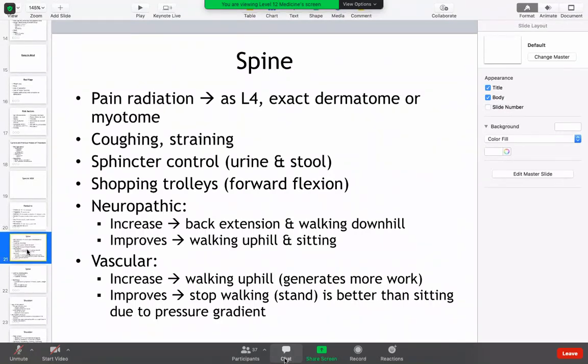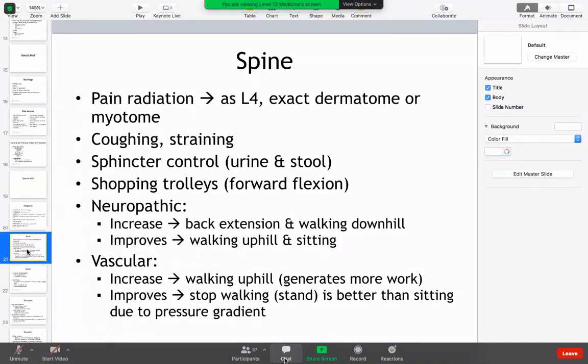Claudication is very important. Neuropathic claudication or pain will increase with back extension and walking downhill, and will improve with walking uphill or sitting, which means you're flexing the spine forward.